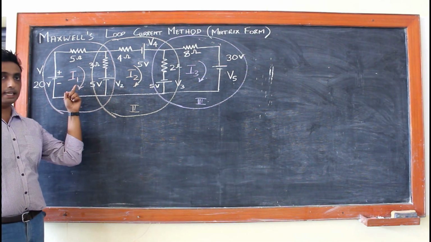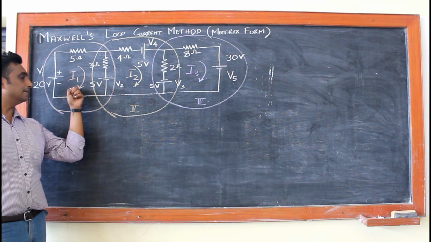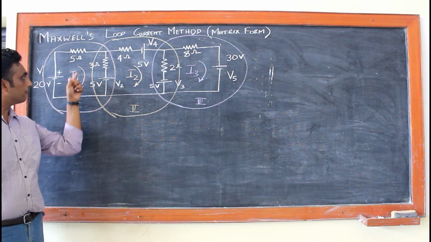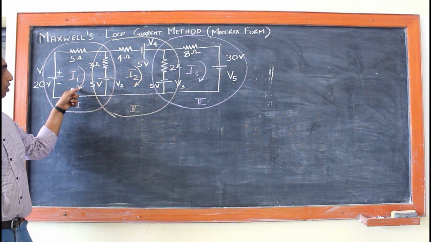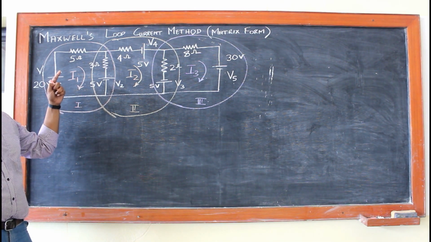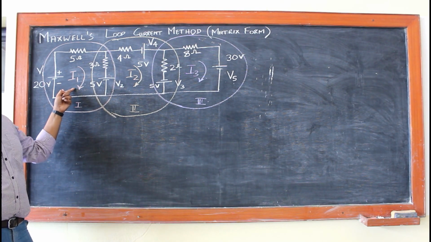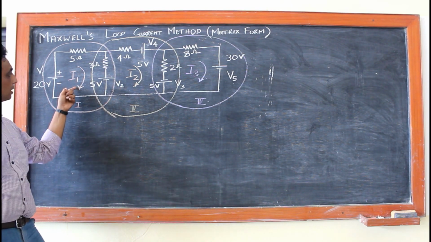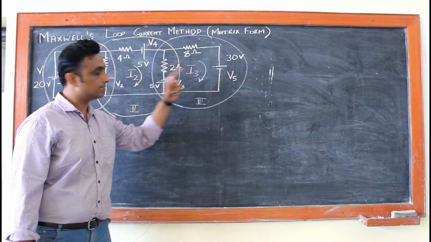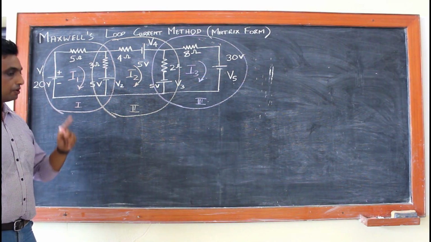The third step is to set your direction. Since we don't know the direction of the loop currents, we have to assume it, in the clockwise direction. So, assume the current direction is clockwise.